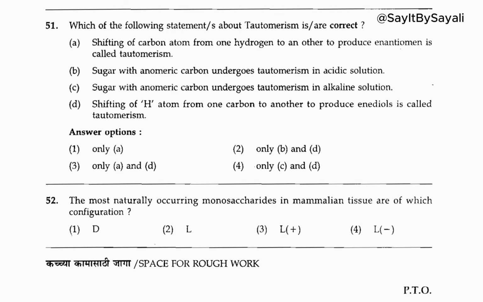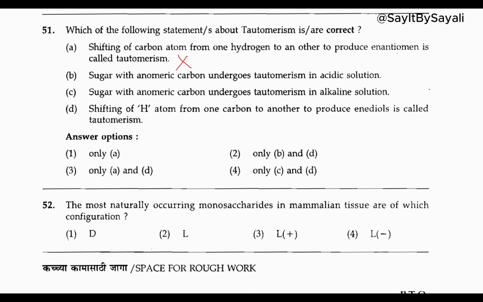Question number 51. Which of the following statements about tautomerism are correct? A. Shifting of carbon atom from one hydrogen to another to produce enantiomer is called as tautomerism. Wrong. B. Sugar with the anomeric carbon undergoes tautomerism in acidic solution.